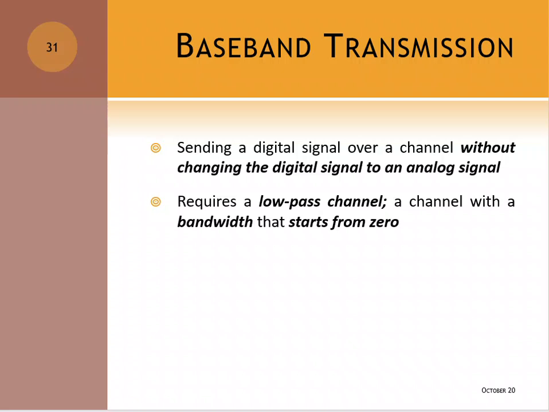Maksudnya signal tu asalnya dalam bentuk digital, kita hantar je dia dalam bentuk digital. Kita tak proses dia, convert dia kepada analog. Itu adalah baseband transmission. So requires low pass channel. Apakah itu low pass channel? Channel with a bandwidth that start from 0. Okay, we will see later.